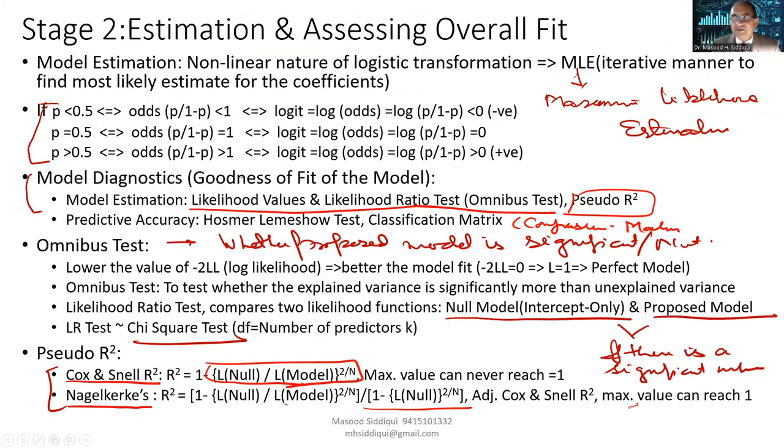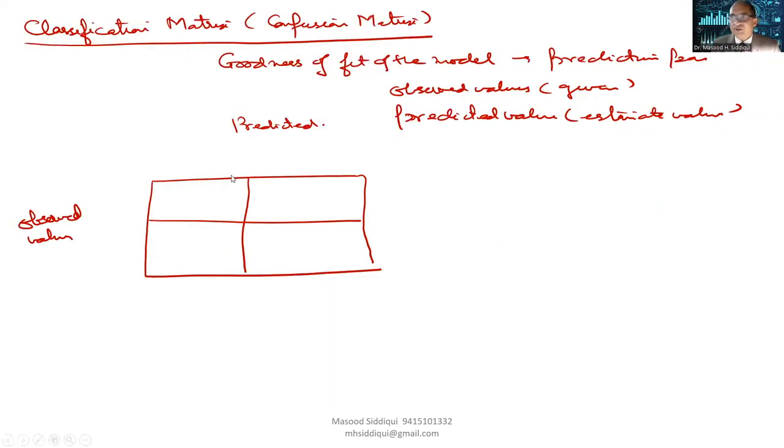And on the other side also, one value can be 0 and the other value can be 1. 0 means no or the negative value. 1 means the positive value. And here also we have 0, that is the negative value, and 1 is the positive value.